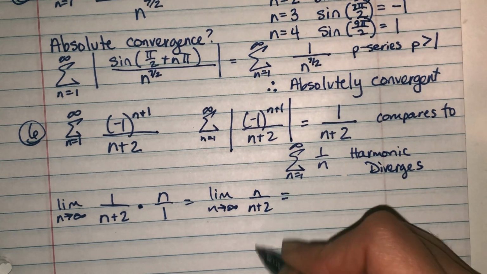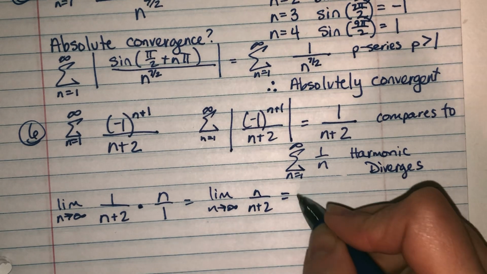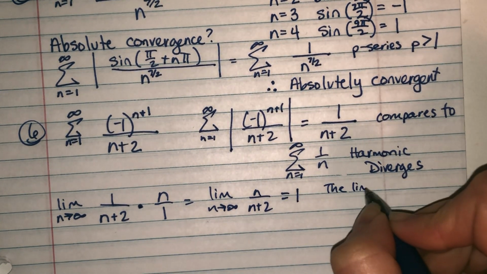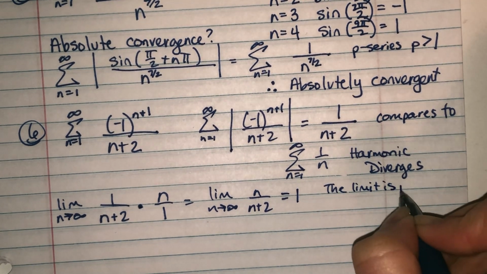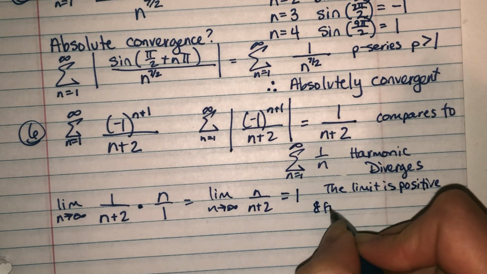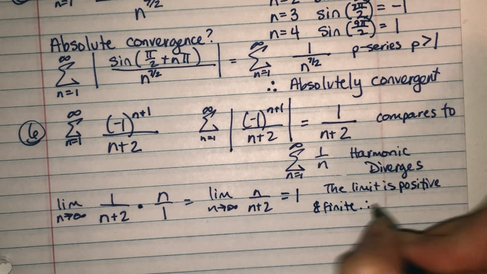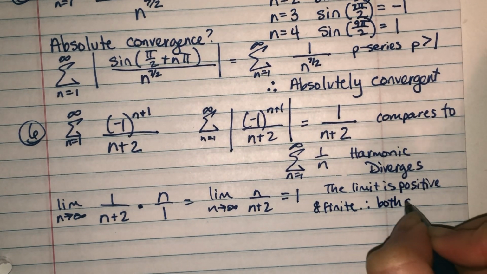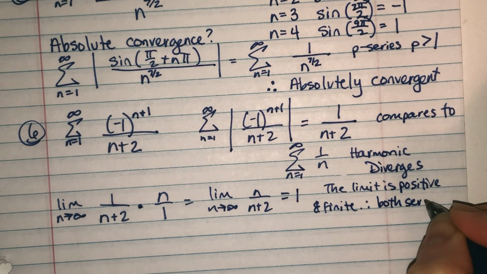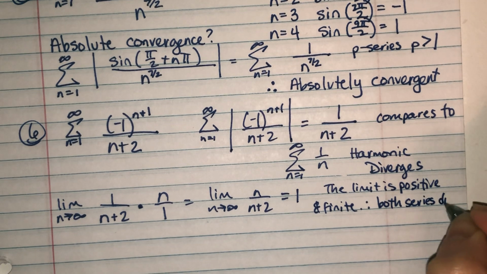So that limit is going to approach 1. So the limit is positive and finite. Therefore, both series do the same thing. And we said that this one was diverging because it's harmonic. So both series diverge.